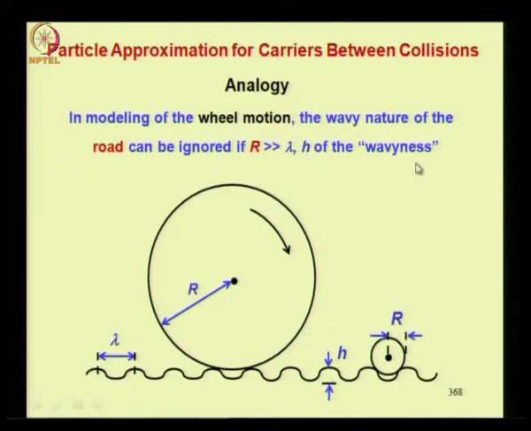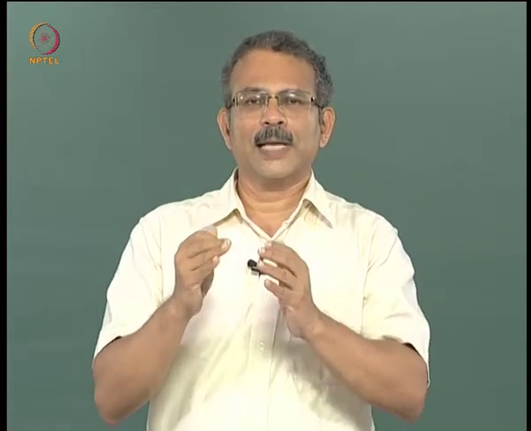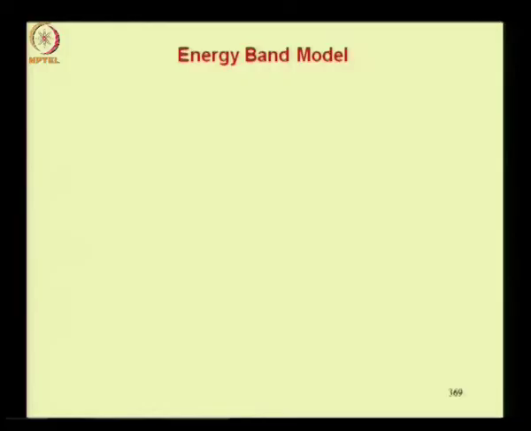So just as the relative values of two length dimensions decides here whether the wheel can be regarded to be on a flat road or a wavy road, similarly the relative comparison between two length dimensions for electron, namely the mean free path and the de Broglie wavelength, this criterion helps you to decide whether the particle approximation for electron is valid.